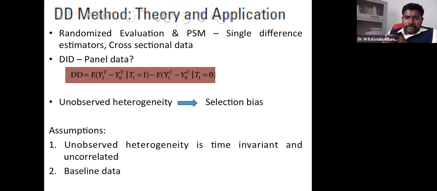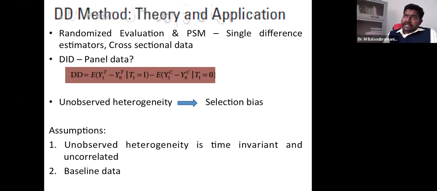So that is one advantage of applying this double difference model. Okay, the panel data, of course, you know the criterion for a panel data.